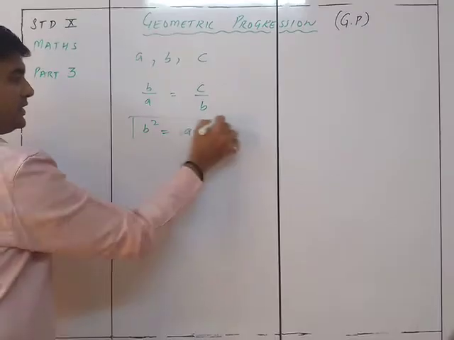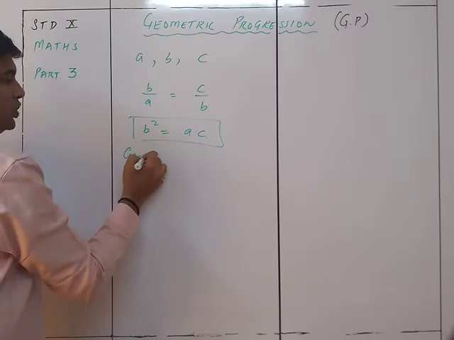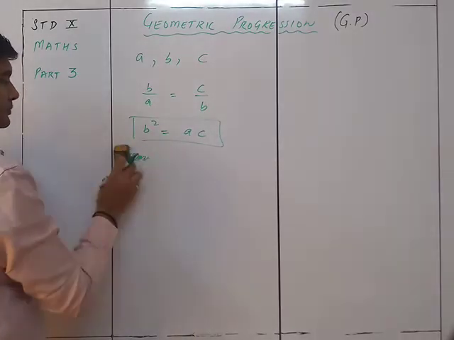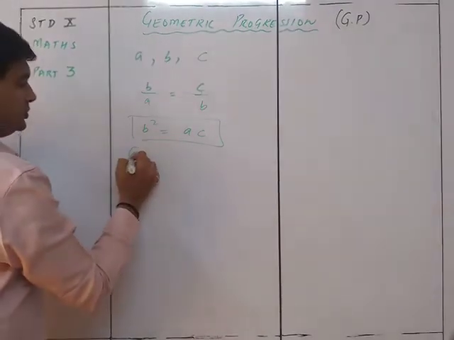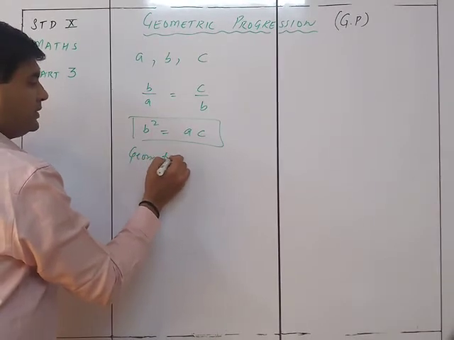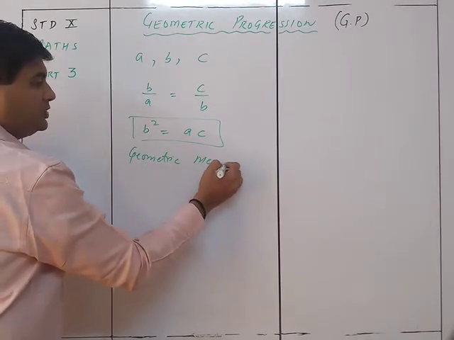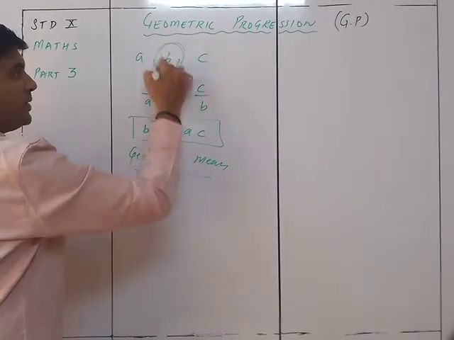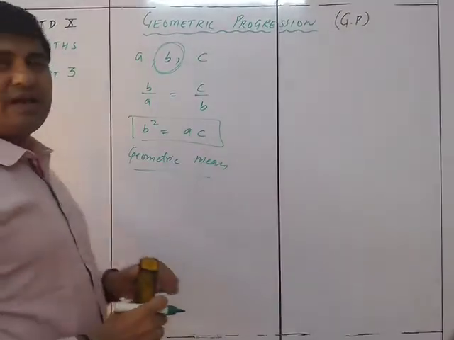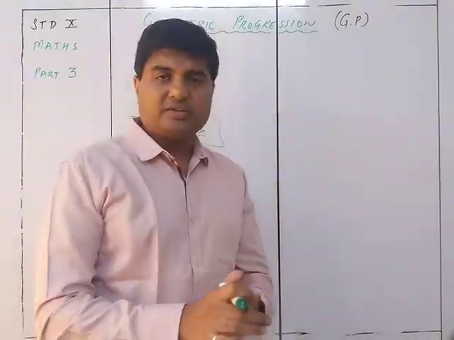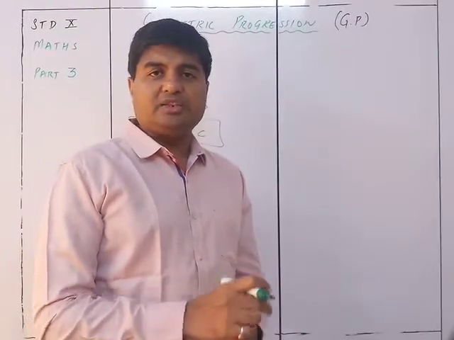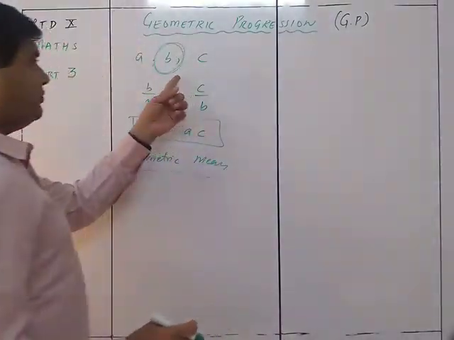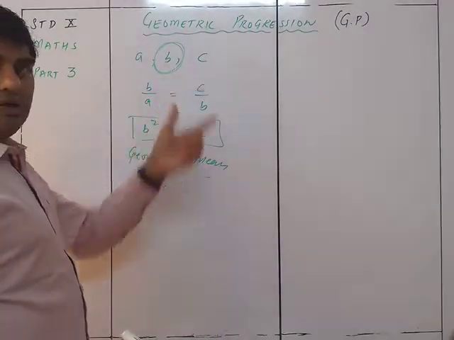Now this particular thing is the formula for geometric mean. Okay, so B is the geometric mean. If 3 numbers are in GP, then the square of the middle term will be the product of the first and the last.